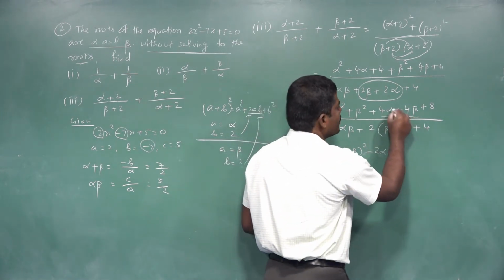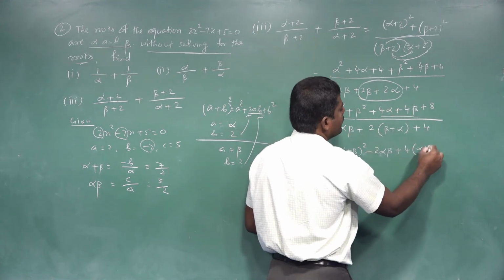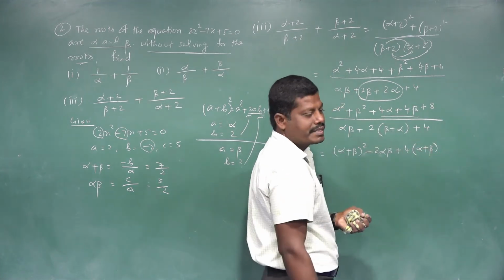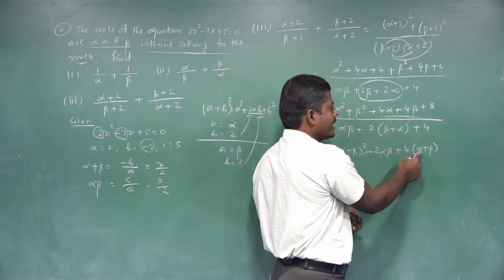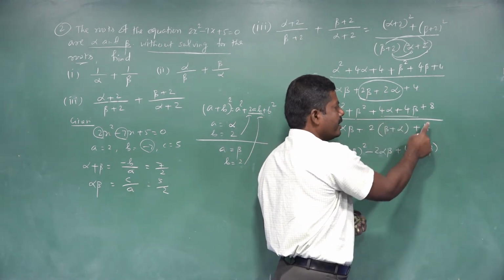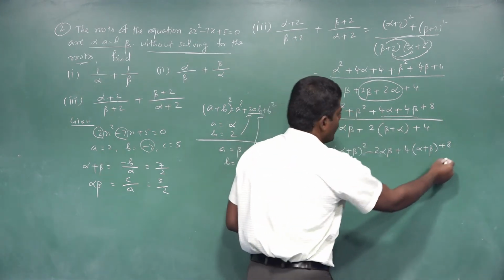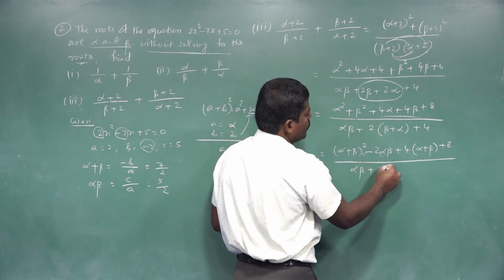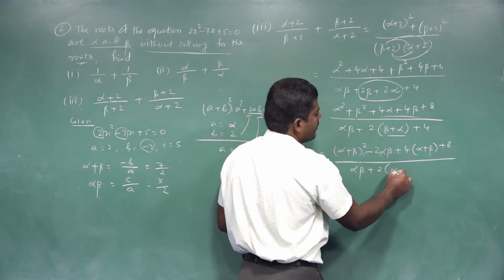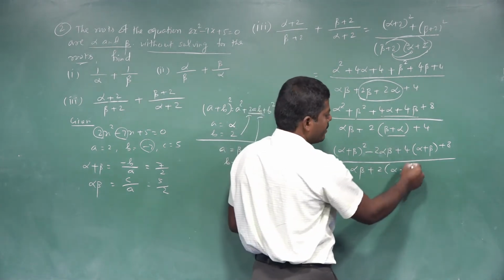From these two terms you take 4 outside: plus 4 of alpha plus beta, remaining is alpha plus beta only. Plus 8 is separate. Whole divided by the denominator, alpha beta plus 2 of alpha plus beta plus 4. Beta plus alpha is nothing but alpha plus beta.